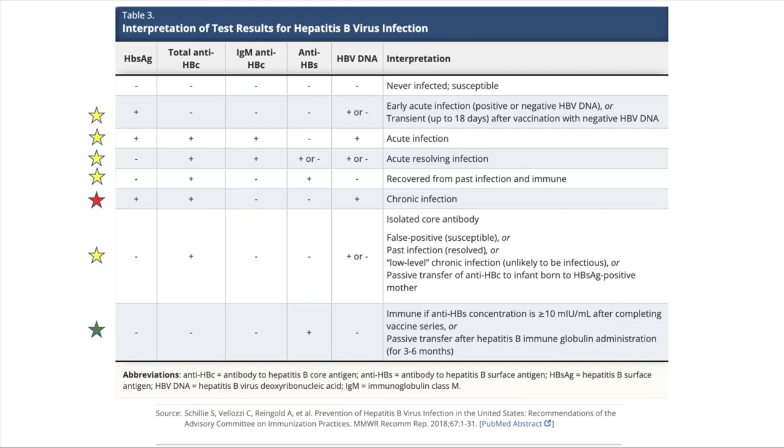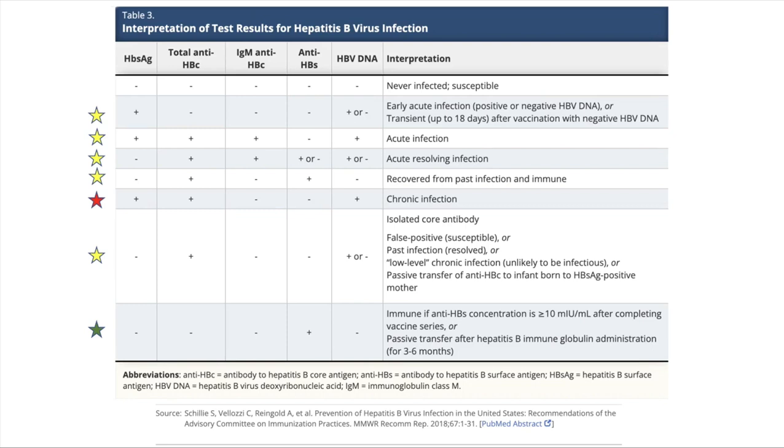And the one that is particularly frustrating is the second from the bottom yellow star. You can be core positive. You can be Hep B DNA positive or negative, and you don't have any evidence of viral replication. But is the virus in your system? Possibly. Can it reactivate? Possibly, especially if we take away the immune surveillance that's keeping it from replicating.